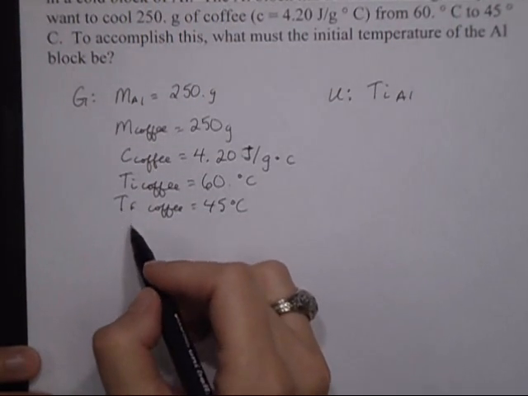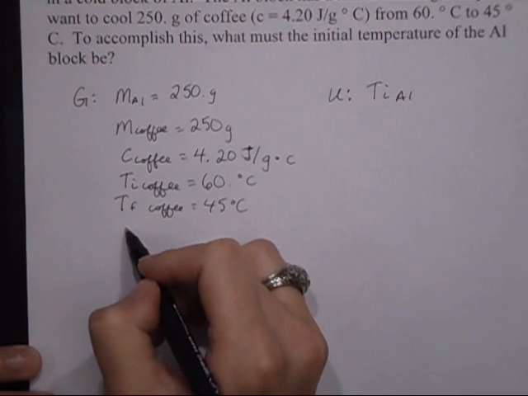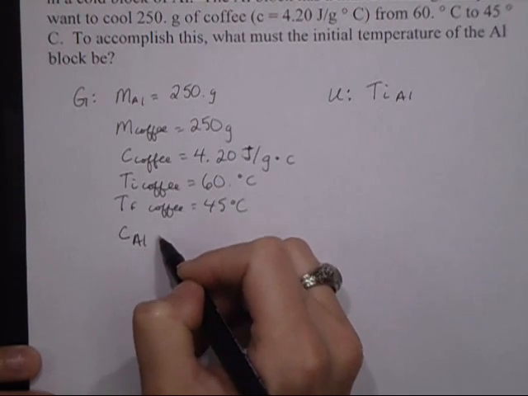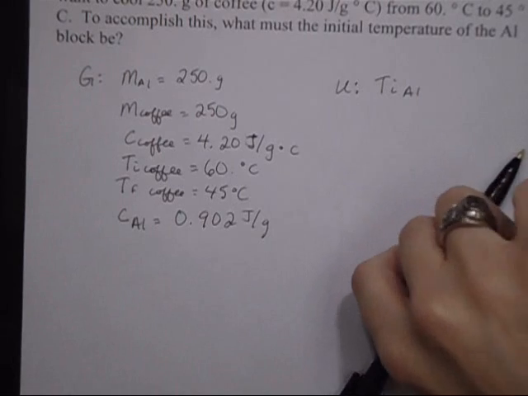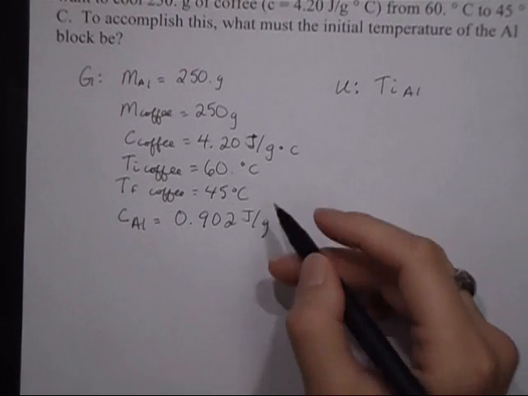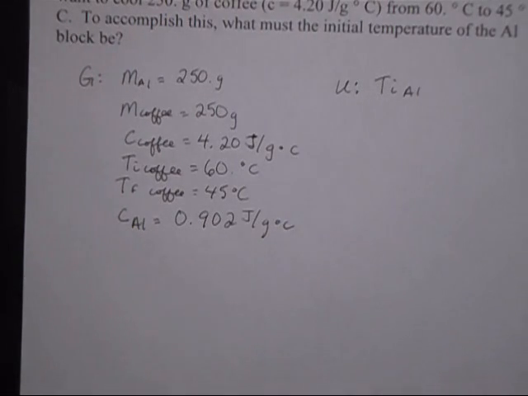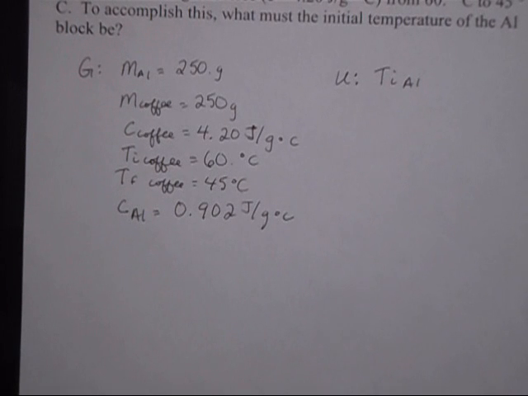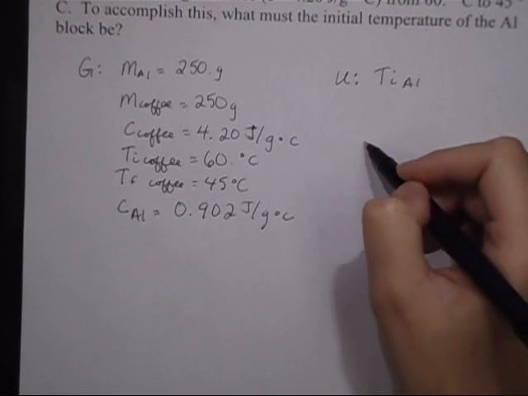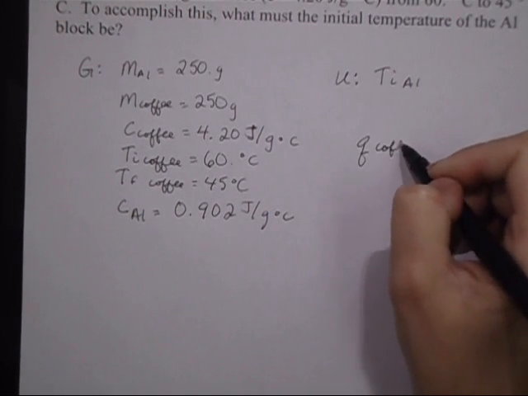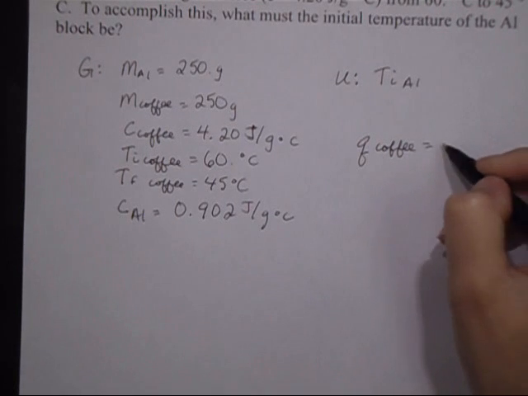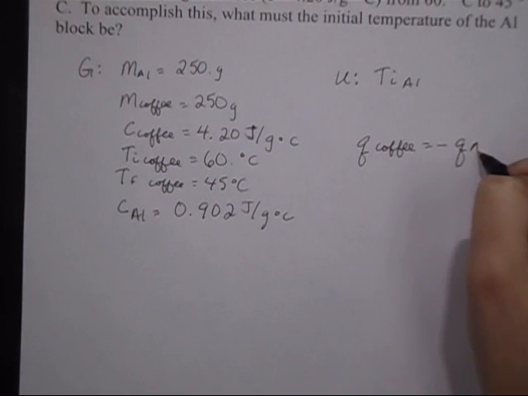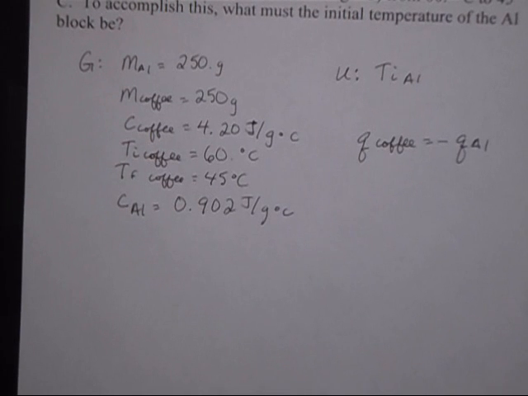From the previous question, the other thing that we need to grab out of that is the specific heat for the aluminum. We were told it was 0.902 joules per gram degree Celsius. Okay, the other factor here that we really have to take a look at again is that the Q of the coffee is equal but opposite in sign to the Q for the aluminum.